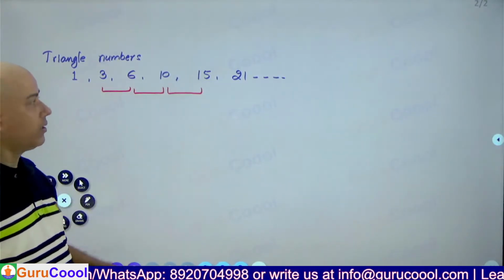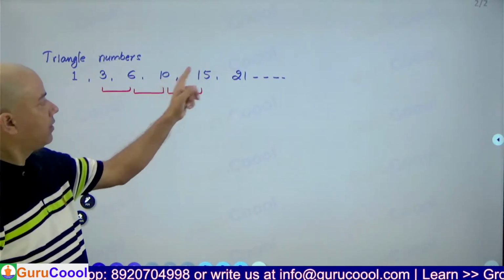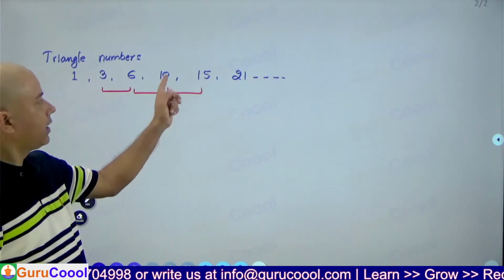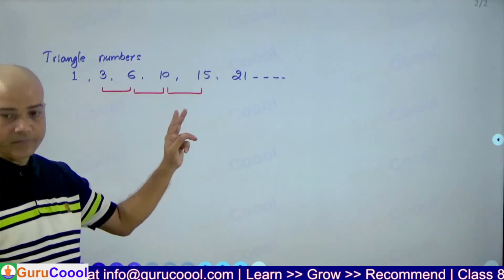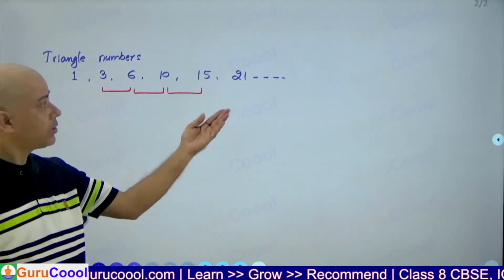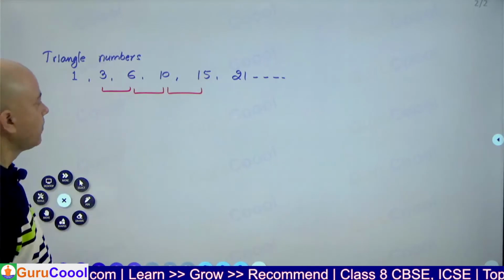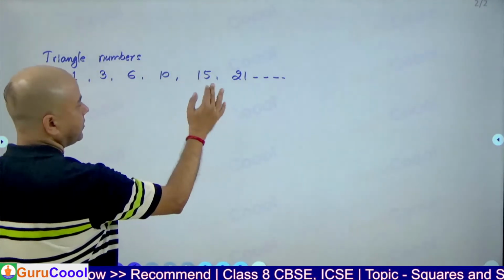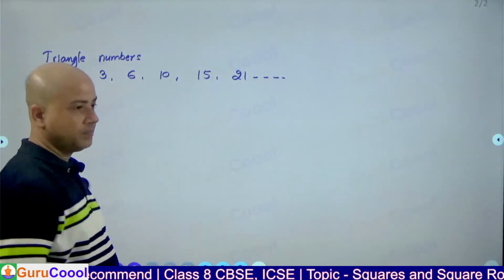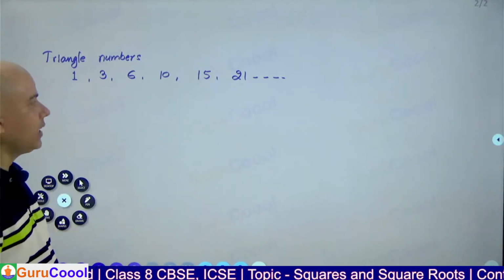You cannot take 10 and 21. You have to take 10 and 15 or 10 and 6. Just next or just previous. So take any two consecutive triangle numbers and add them. You will get a square number every time.